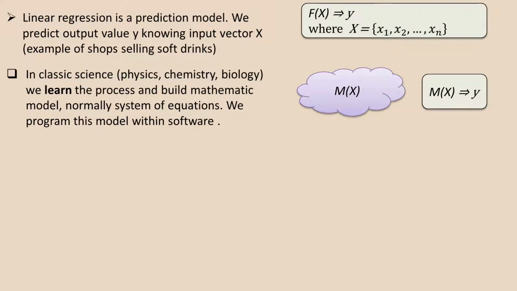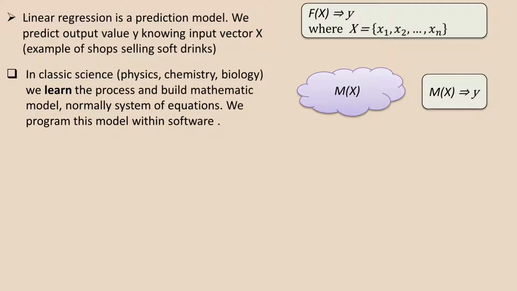Linear regression is part of machine learning, which in turn is part of data science. Therefore, machine learning is a branch of science, but I would say it's a very unusual science. It's very different from classic science. In classic science, for example, in physics, in chemistry, in biology, in all classic sciences, we first learn the process we are dealing with.